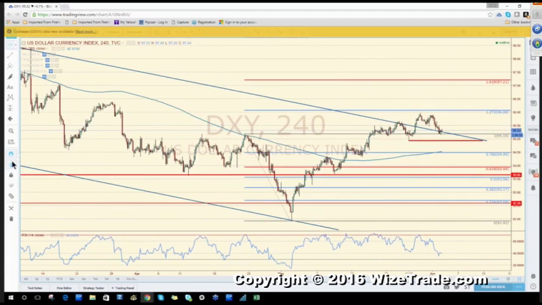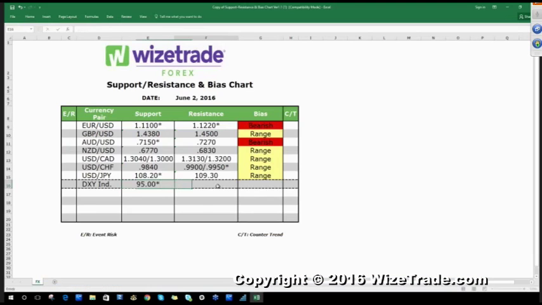Rallies to this point. Let me undo that. 95.50. I know we're at 95.30, but 95.50 is resistance, and then obviously 96. That would be key resistance right there.